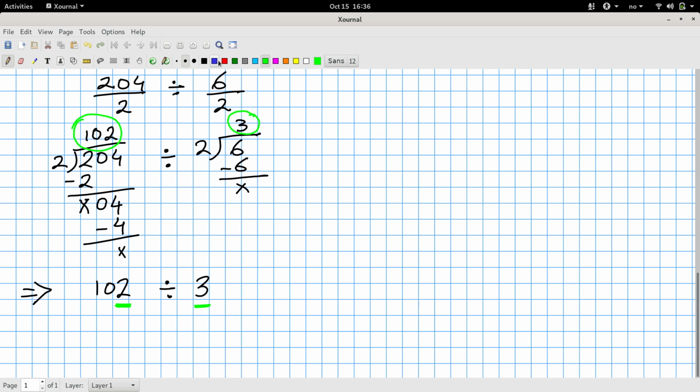So I'm going to utilize this side of the screen. I'm going to hopefully draw a straight line. Very good. And just for the sake of clarity, I'm going to rewrite this 102. Oops.